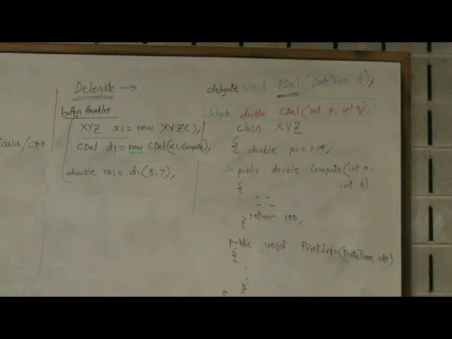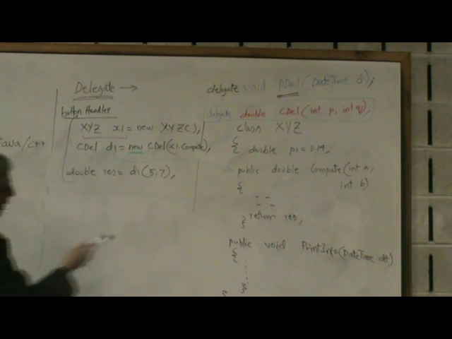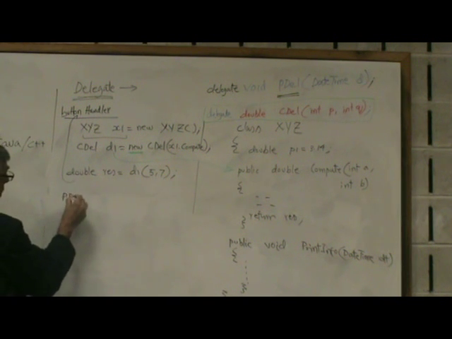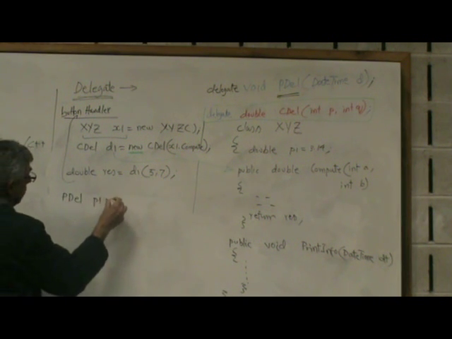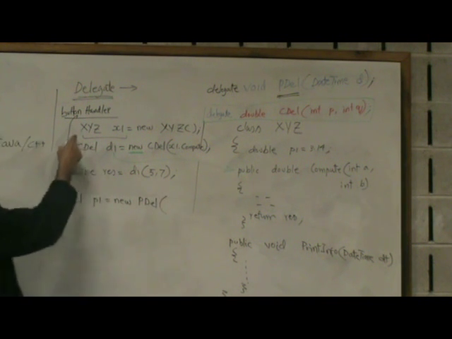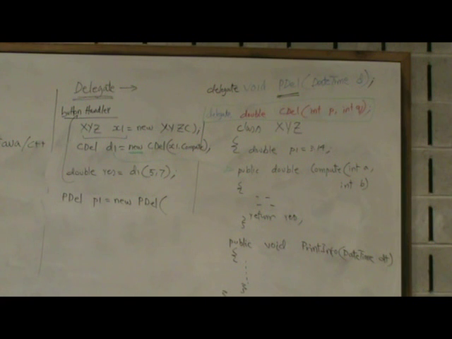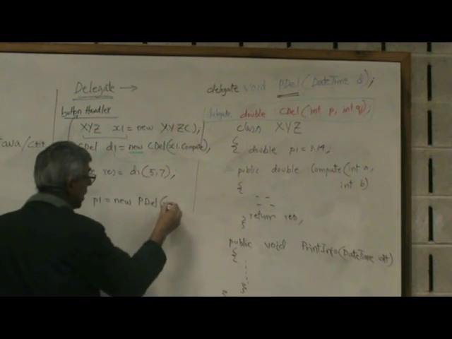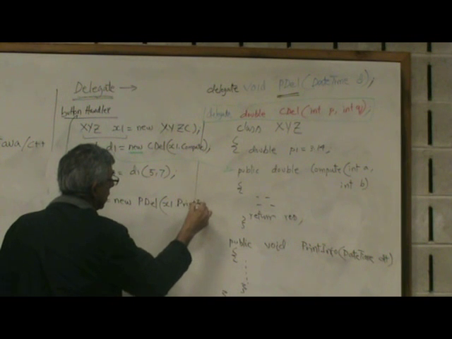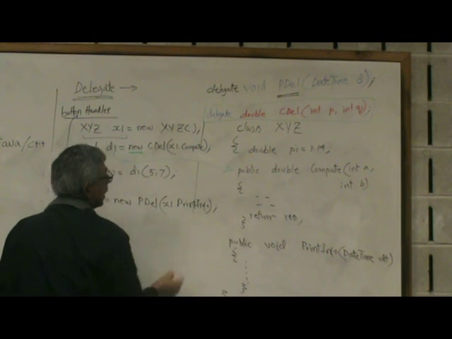capable of pointing to a function that returns void and takes a parameter of DateTime, right? So if we wanted to point to this function, what will we do? We will create pdel p1 equal to new pdel. We've already created an object of the xyz class, so what will we say over here? x1.printInfo.